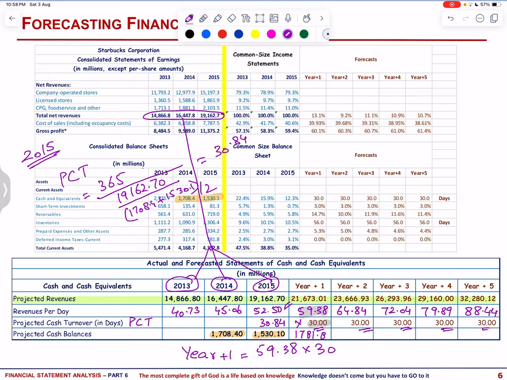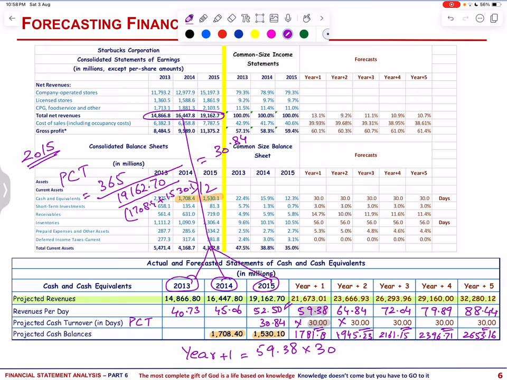In the same way, we can project the cash and cash equivalents for year number 2, and that will be again 64.84 times 30, that is 1945.23. This will be 2161.15, 2396.71, and 2653.16. So that's how we are going to project the cash and cash equivalents for Starbucks for the next 5 years.